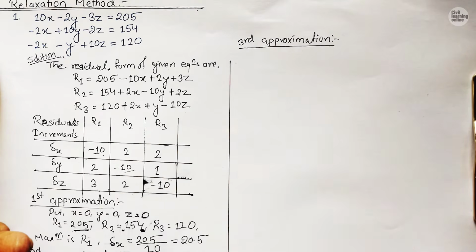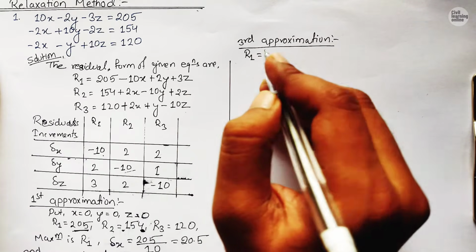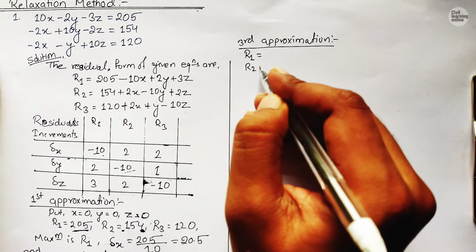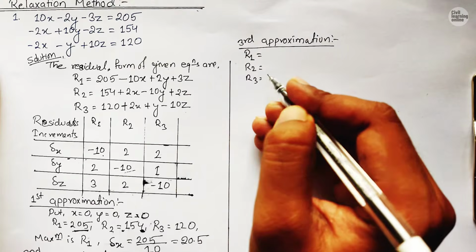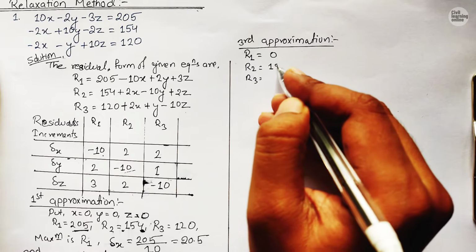For the third approximation, we again write down R1, R2 and R3 equals, using the values which we calculated in the second approximation. We have the values 0, 195 and 161.